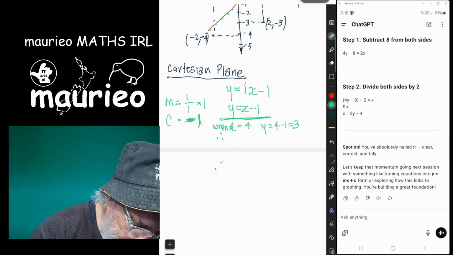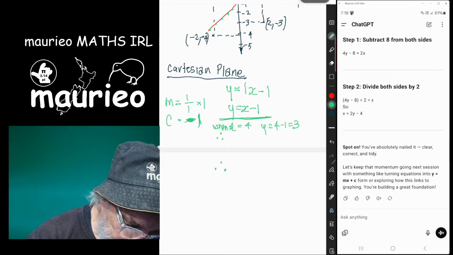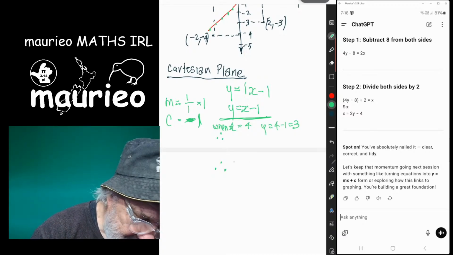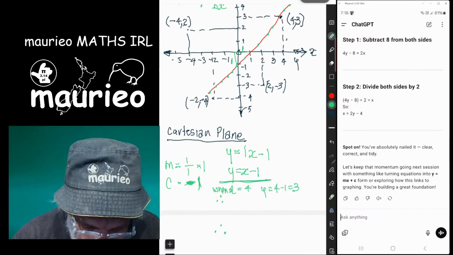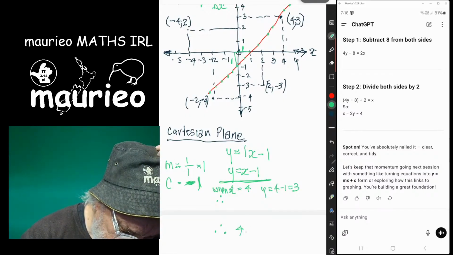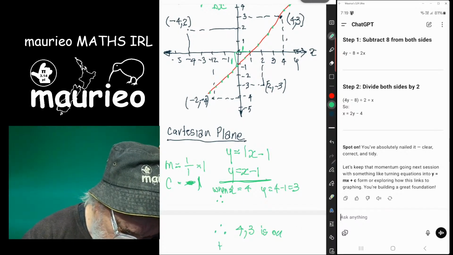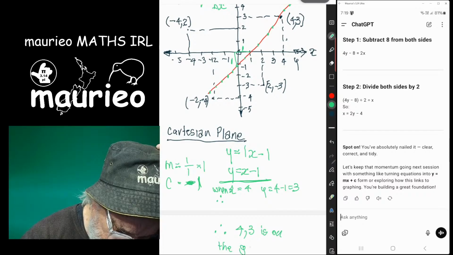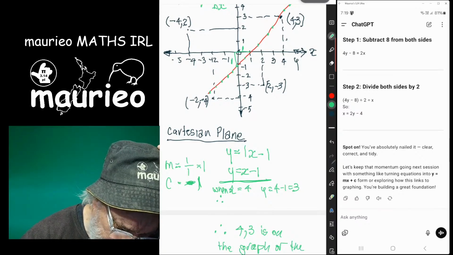Therefore, the point 4,3 is on the graph, or the line.